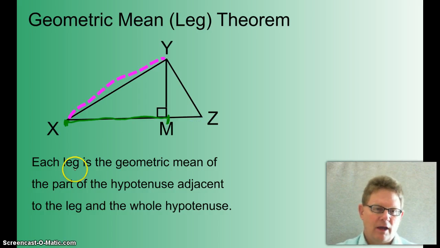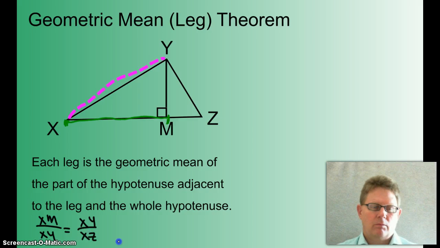So let's go ahead and write that as an equation. You would have XM, that's the part of the hypotenuse adjacent, XY is the geometric mean, the whole hypotenuse, XZ. Okay, XY, that leg, is the geometric mean of the part of the hypotenuse adjacent and the whole hypotenuse. Alright, now I want you to do the same thing for leg YZ.